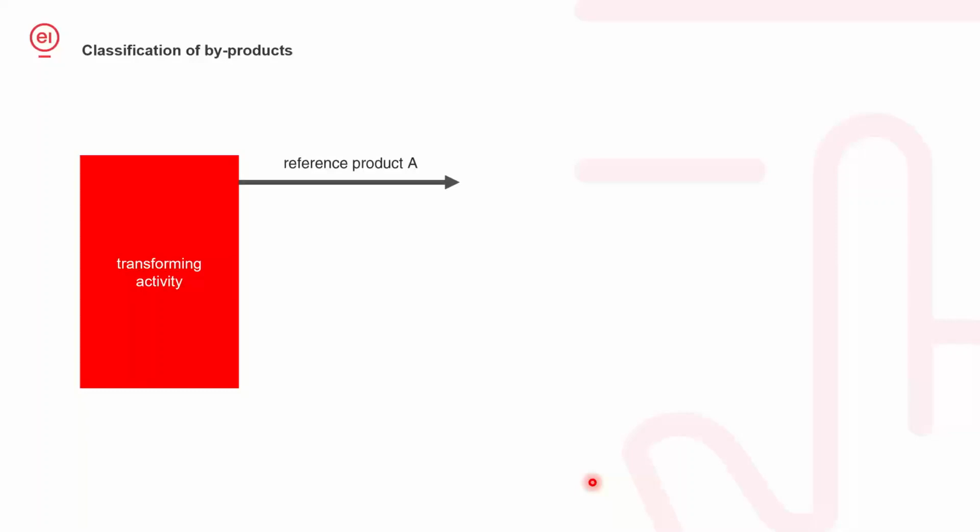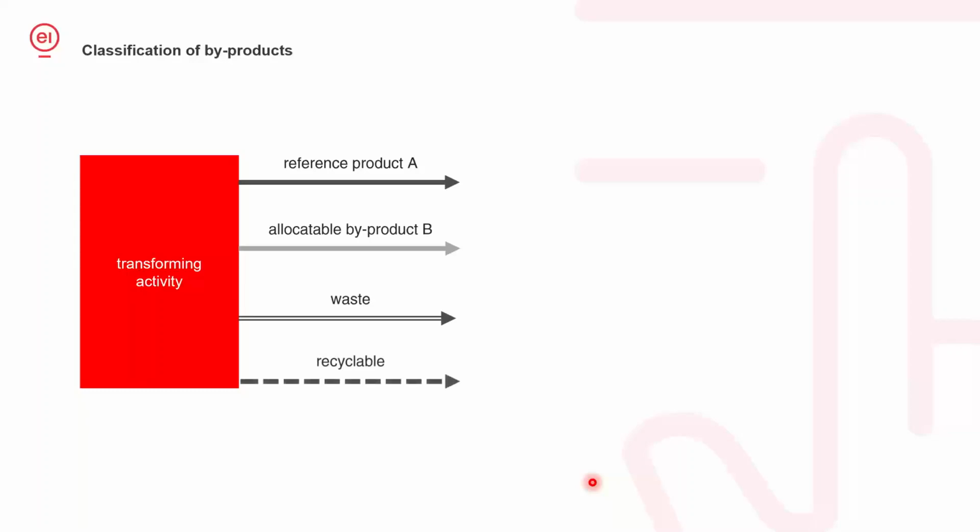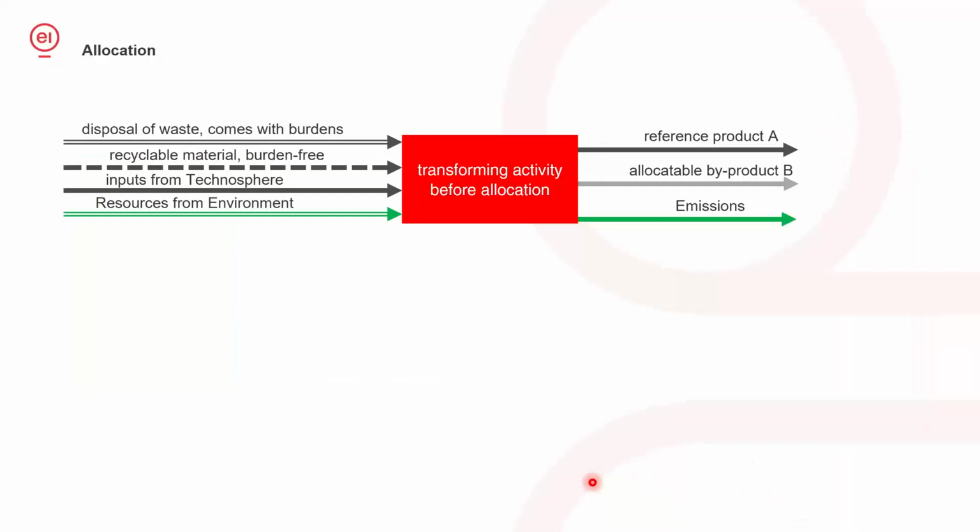The way that we are implementing this in the database is with the classification of byproducts. We have three types of classification: the allocatable byproducts, the waste, and the recyclables. Allocatable are the majority of the products in the database. An allocatable is a product with an economic value. And when a product is allocatable, it receives part of the burdens of the inputs and outputs of the activity.